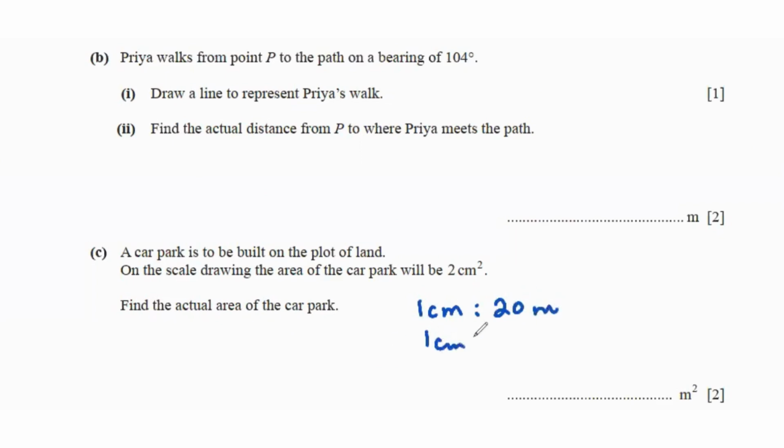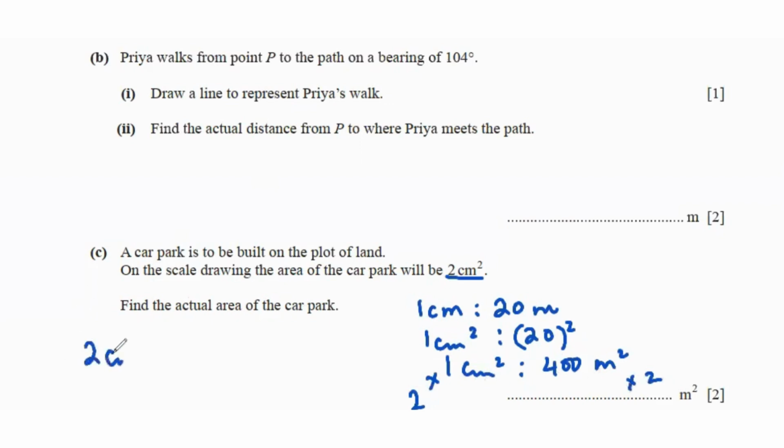So if we take 1 centimeter square, that's going to be 20 squared, which is going to give us 400 meters square. And since it's supposed to be 2 centimeters square, we multiply this by 2 and this by 2. So the ratio is 2 centimeters square to 800 meters square. So your actual area of the car park is going to be 800 meters square.